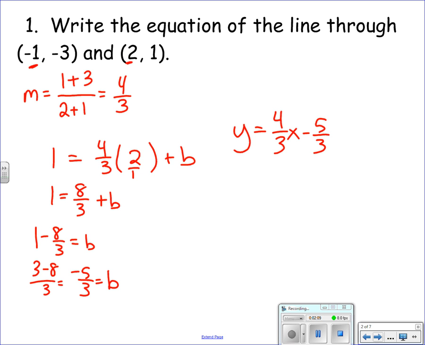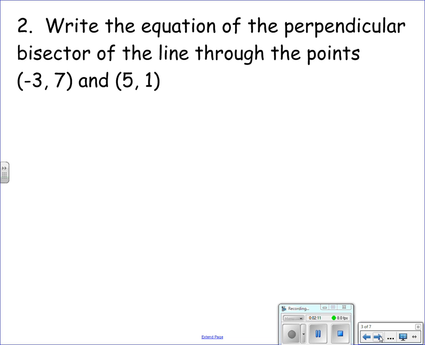Okay, number two. Write the equation of the perpendicular bisector of a line that passes through those 2 points. So the perpendicular bisector of that line. I'm going to draw us a picture just so you guys can visualize what this means. I don't need the bottom quadrant, so I'm going to erase that actually.